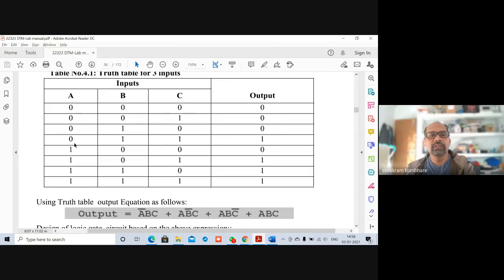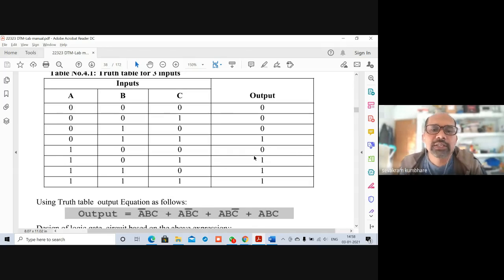Now in this we are having 0 1 1, so that's a bar b c, plus a b bar c, plus a b c bar, and the last one a b c. So this is the output expression for this given truth table.